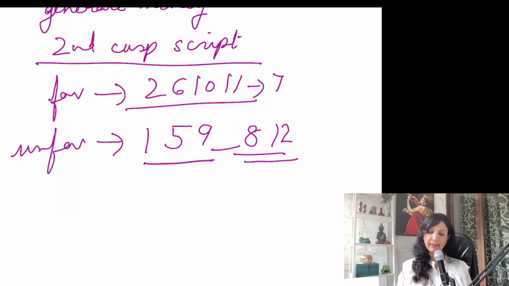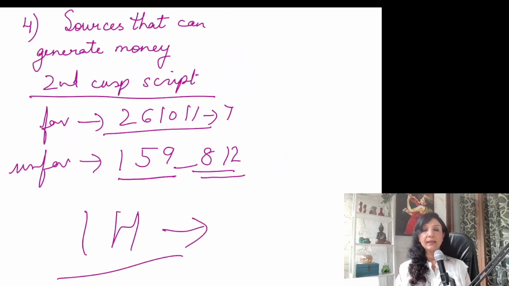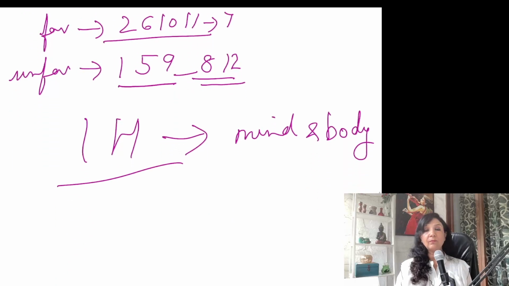Now let's see about the 12 houses. If your second house script involves the first house, what does the first house say? It's your personality. So mind and body is involved. And what does it mean?